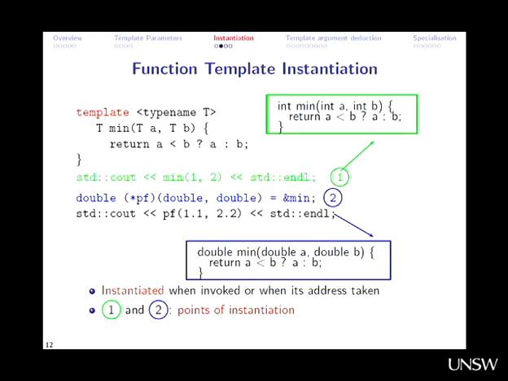So let's talk about initialization of function templates. With compilers, and what we've seen so far is a compiler, what it does, it starts at the top of a file and works its way down and compiles each piece as it goes. And so a normal function will get compiled when it gets defined.